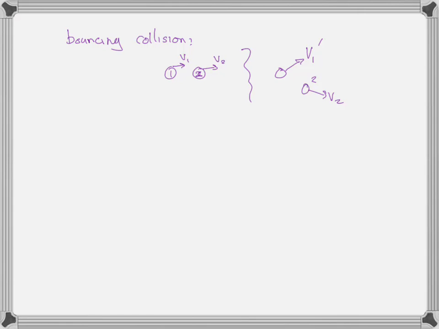Generally we use unprimed variables as being before collision and primed as after, so sort of initial and final, slightly easier to write. So in a bouncing collision, the two objects bounce off of each other, and they have different velocities before and different velocities after.